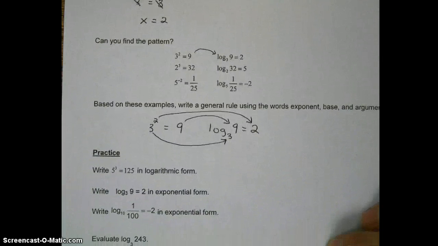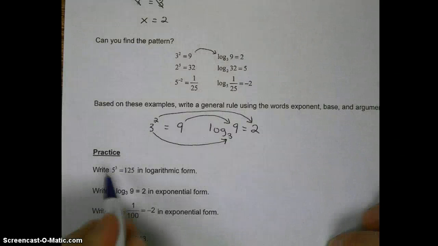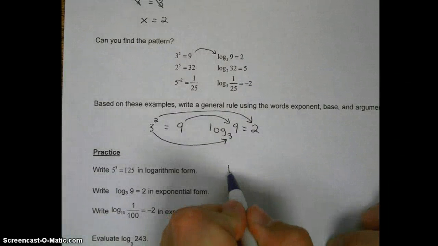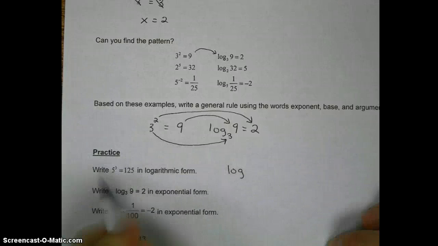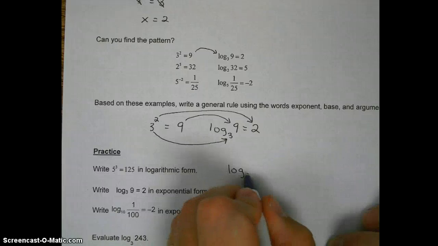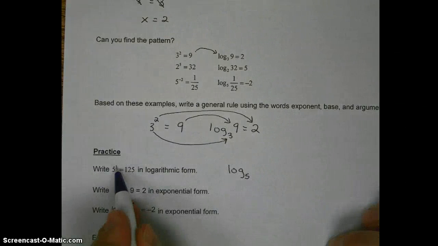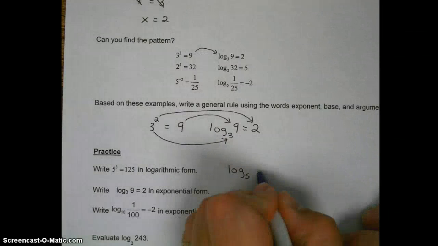So let's look at the first one. So 5, that's the base. So we're going to start by writing log. So where does the number go? Correct. Down below. The exponent becomes the answer.